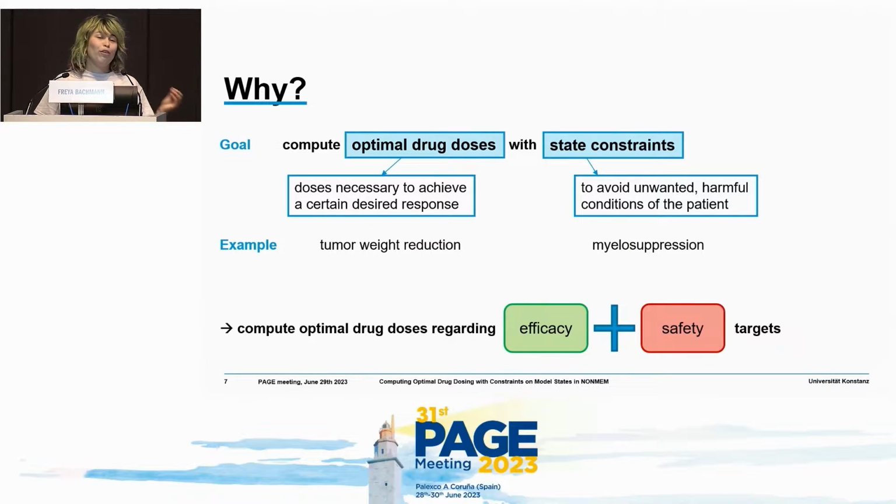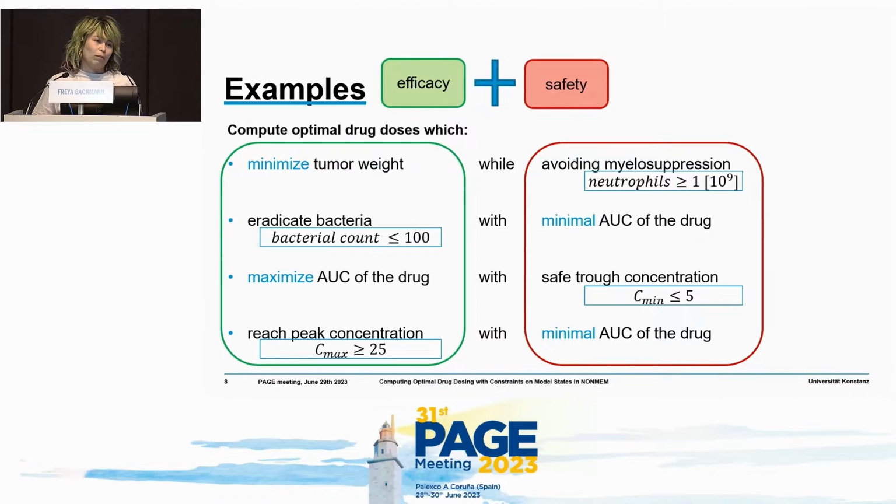Why is this a cool thing to do? Because including state constraints in the optimization allows us to compute optimal drug doses regarding efficacy and safety targets. And there's plenty of examples where this comes in handy. So we already talked about example 1, which is to minimize tumor weight while avoiding myelosuppression, characterized by a state constraint that the neutrophil count should remain above a certain threshold.